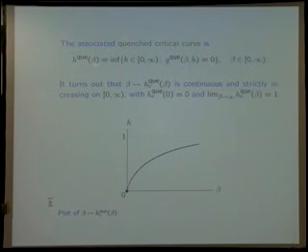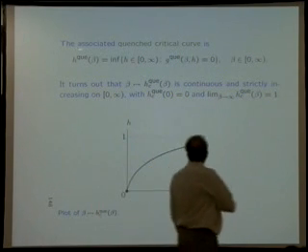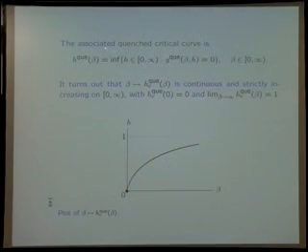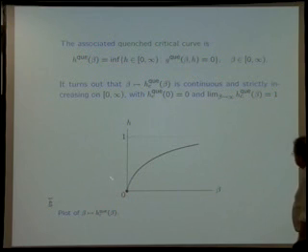We can define the critical curve as the point where you change from a 0 value to a strictly positive value. So the separation between these two phases will be our critical curve. And from that picture over here, we already expect that it should somehow look like this.